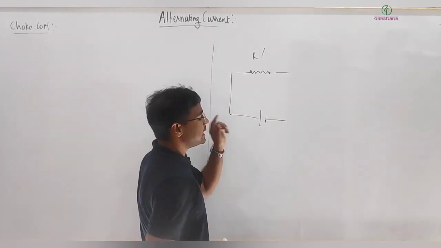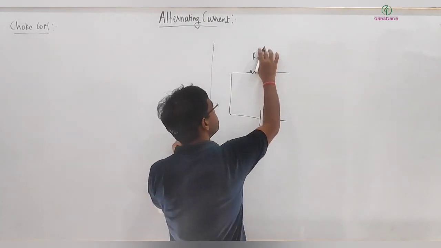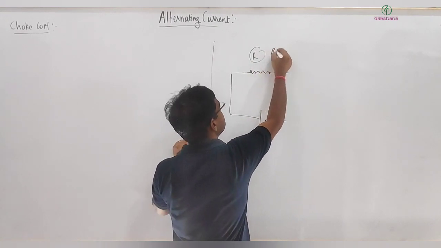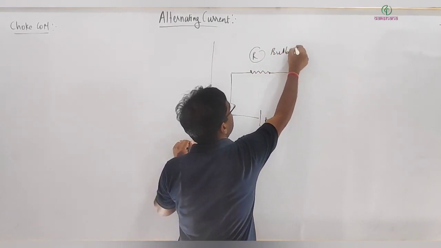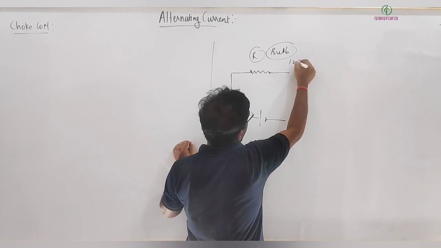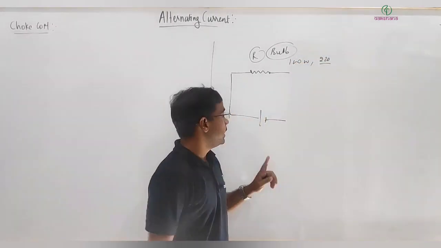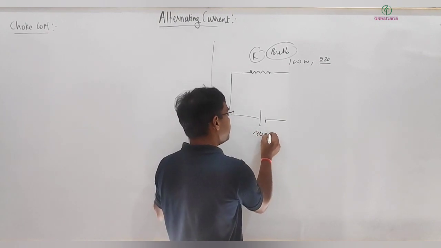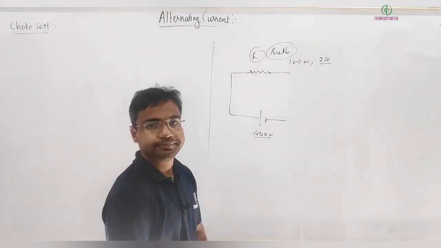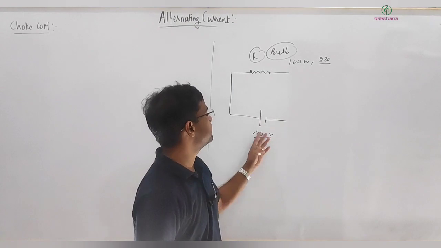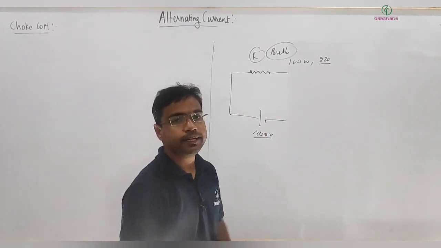The bulb has a rated power of 100 watt and a rated voltage of 220 volt. If it is connected across a 440 volt source, definitely this bulb will fuse if you connect it directly.